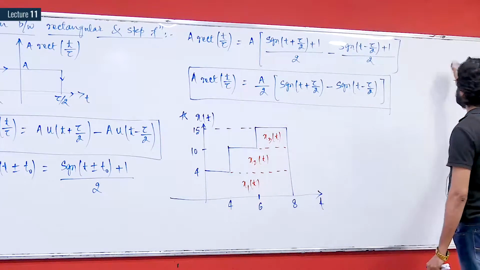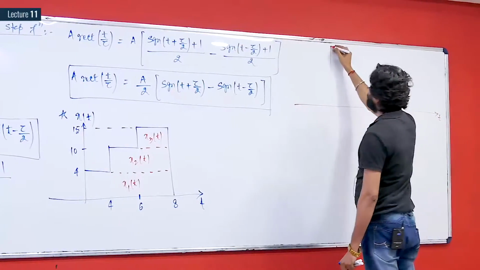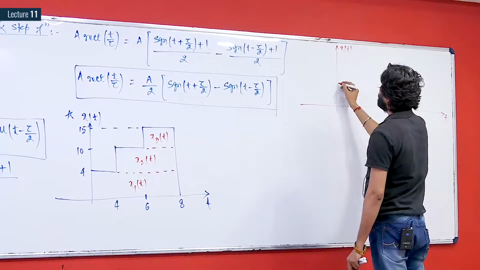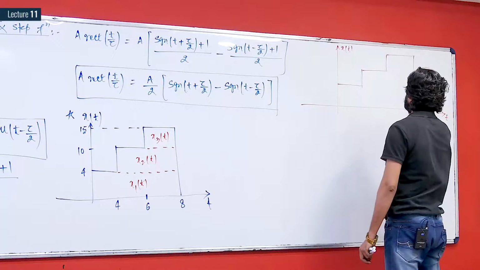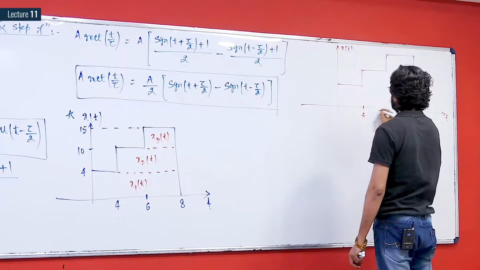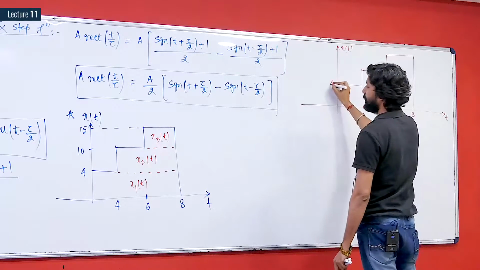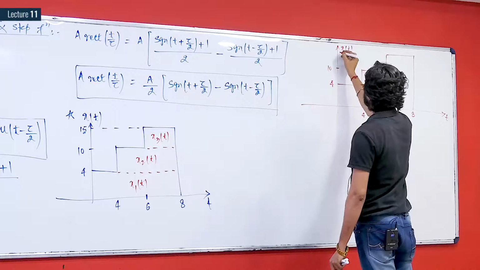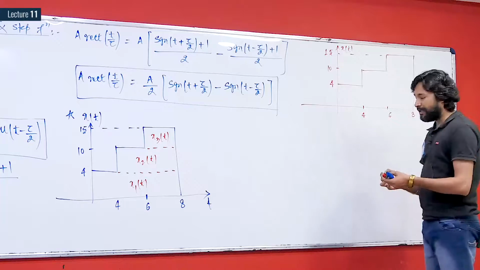And one more representation that you can take for the same question, that is x of t, if you take this signal which is given to you like this, these points are 4, 6 and 8 and these amplitudes are given as 4, 10 and 15. So now if you want to take vertical rectangles, again you can represent it.